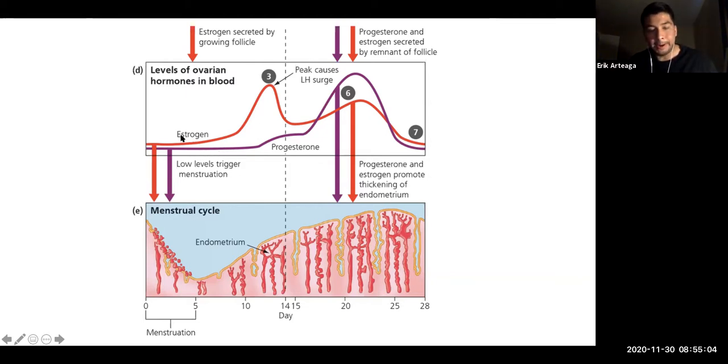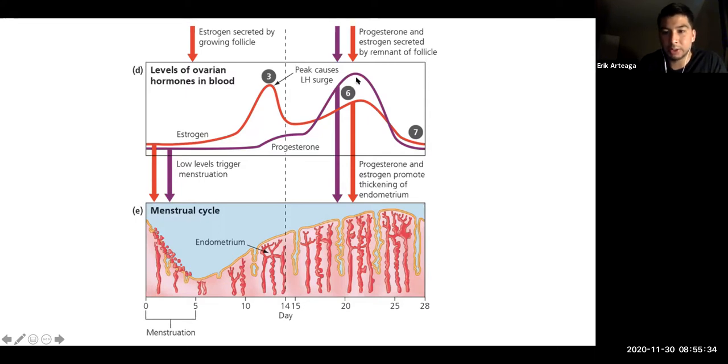Again, you'll have the development of the endometrium, getting ready for the baby or that zygote to be implanted. You have a peak in the luteinizing hormone or estrogen, which is during ovulation. Once the corpus luteum has released the egg, then you have the upkick in progesterone.